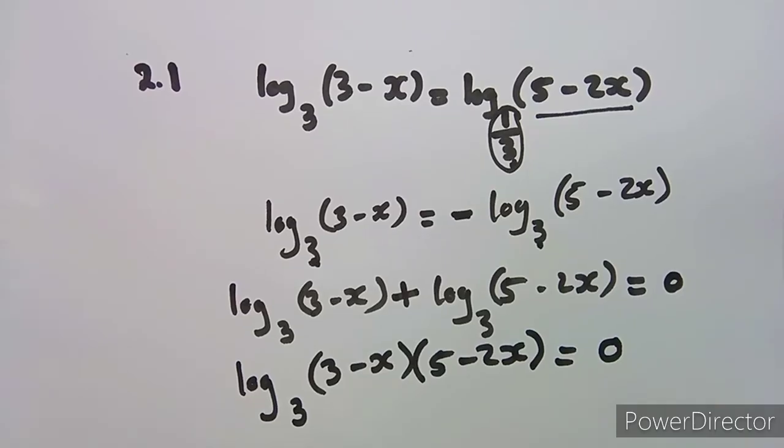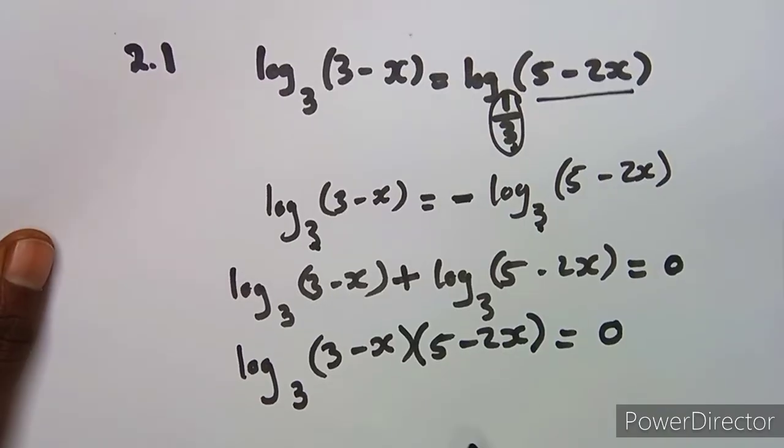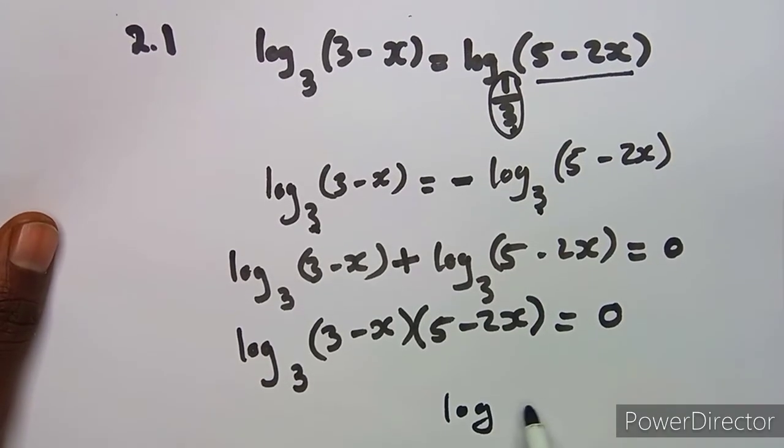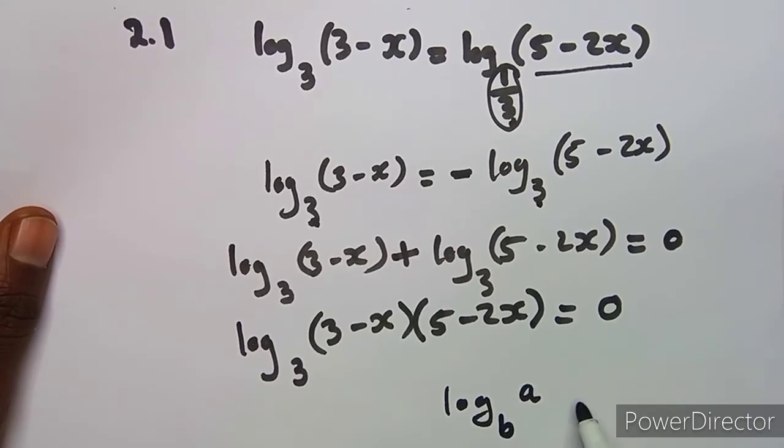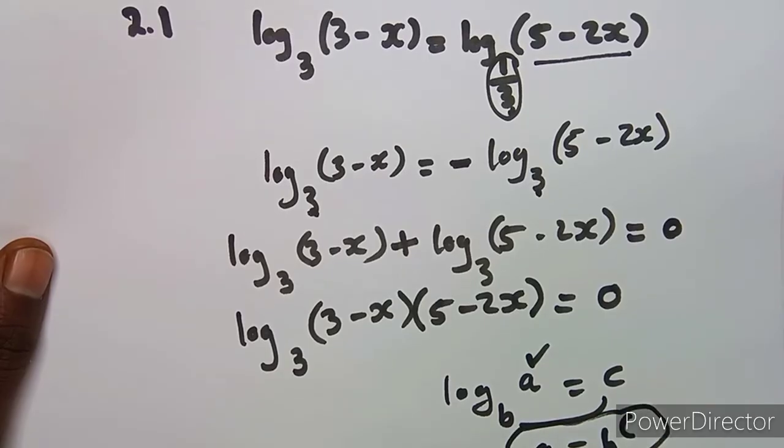So at this stage someone is asking, so how am I going to solve for x? What am I going to do from this whole part? Okay guys, we know that from our laws of exponent, I talked about this here, which is equal to c, that in log form, so in exponential form a is equivalent to b to the exponent of c, so you can solve easier in exponent form.